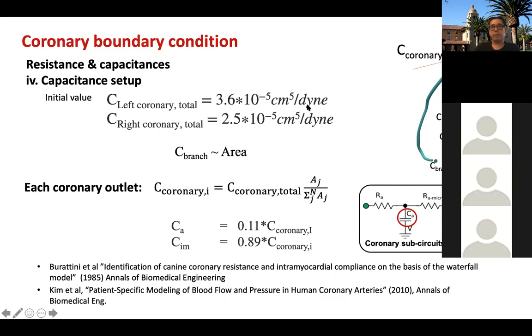The golden rule for assigning capacitance values is that you want to match the patient-specific clinical data. So you tune this parameter to match the magnitude of the pressure waveform that you observe from a patient.